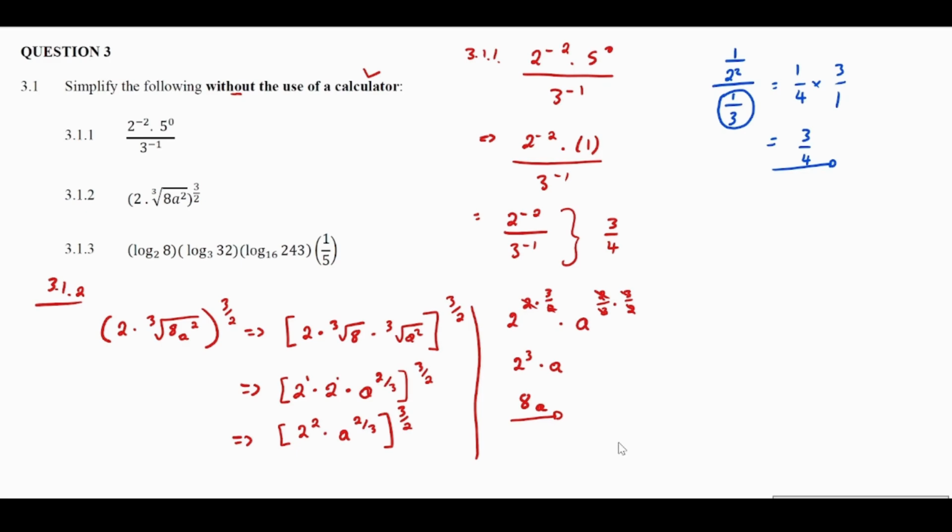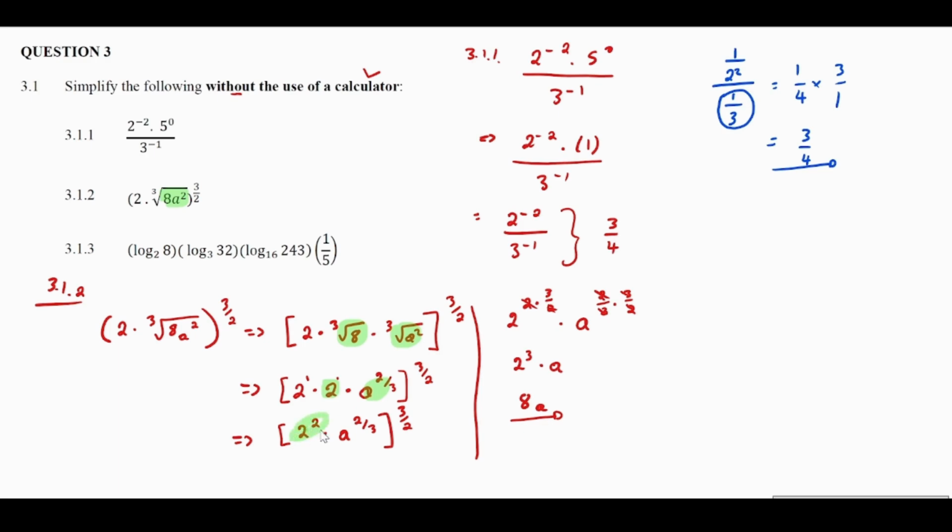So what you are supposed to do is apply the rules of exponents by simply separating what you have inside here: the cube root of 8, and then the cube root of a squared. When you simplify this, it gives you this. When you write it in exponential form, this is what you get. Multiplying powers of the same base, you add the exponents.